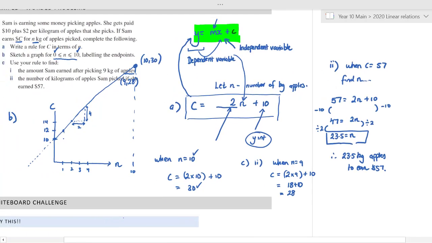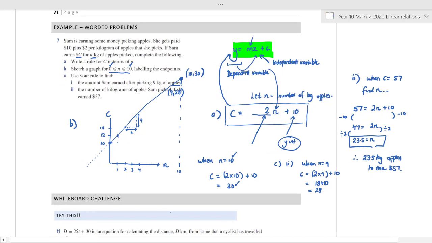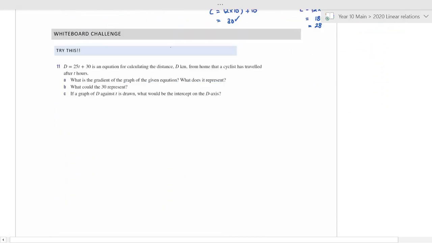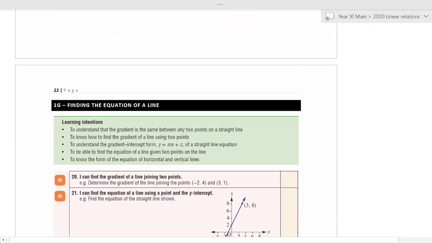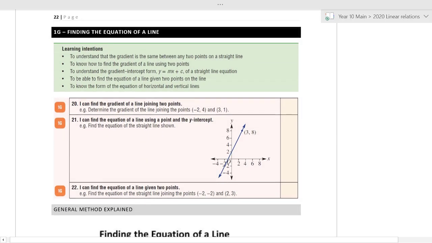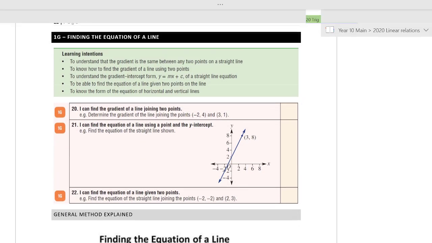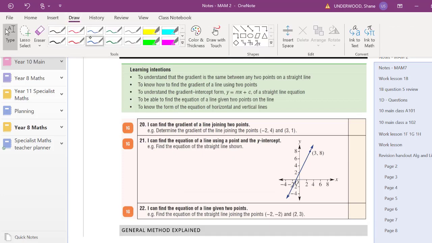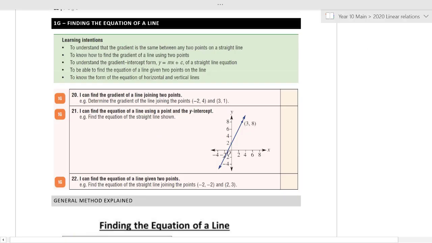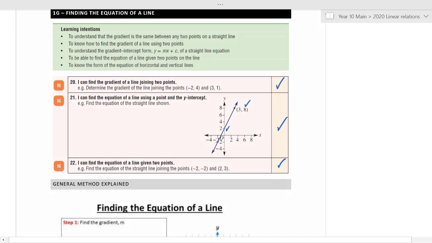Sometimes we might be given the y-intercept and given a point on the line. So let's go ahead, and we're going to skip to page 22 now, and we're going to be finding the gradient of a line when joining the 2 points, because if we can find the gradient, we're going to be looking at finding that gradient, and then finally, if I'm given the y-intercept and a point on the line, we can also find the equation, and then there's one where we're given the 2 points.